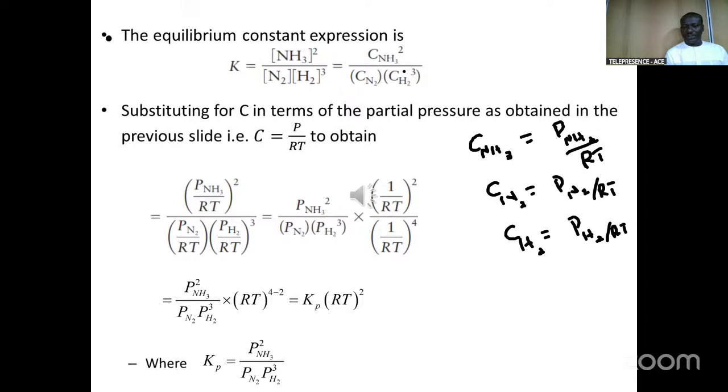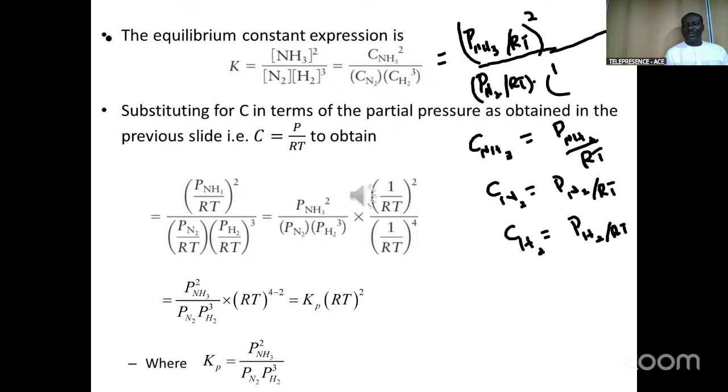So if I put all this into this expression here, instead of the concentration of ammonia, I'm going to put P NH3 over RT, all squared, divided by P N2 over RT multiplied by P H2 over RT, raised to the power of 3. Okay, so that is what we have here.